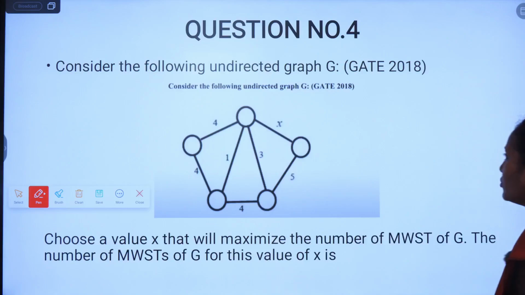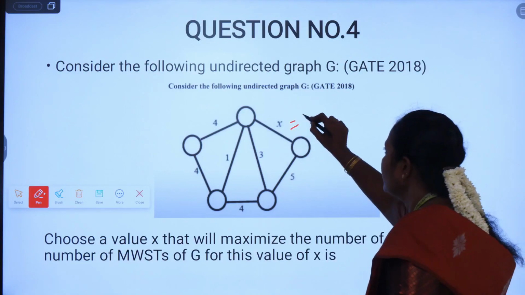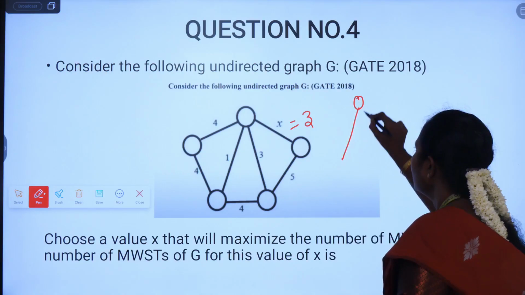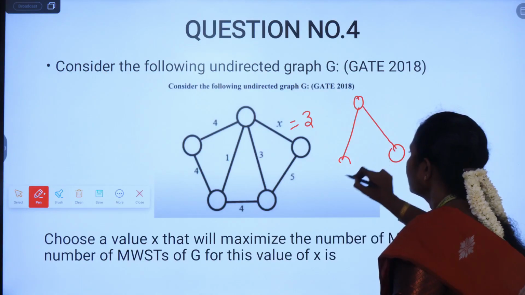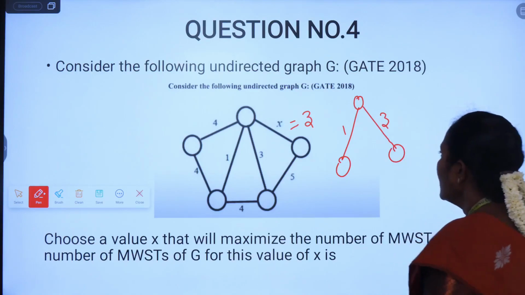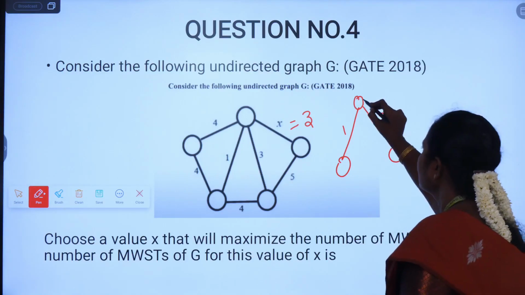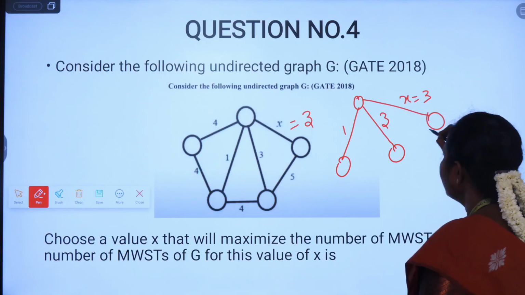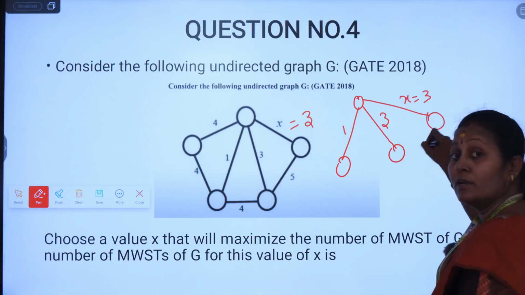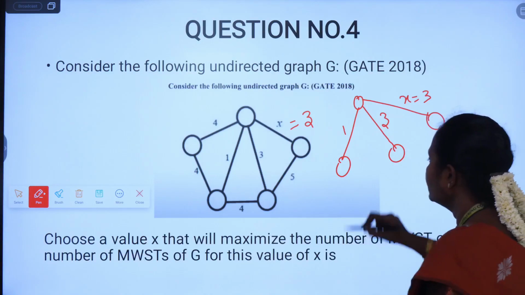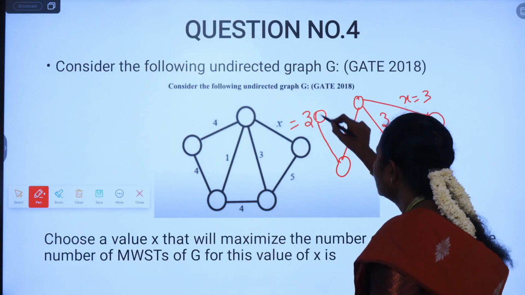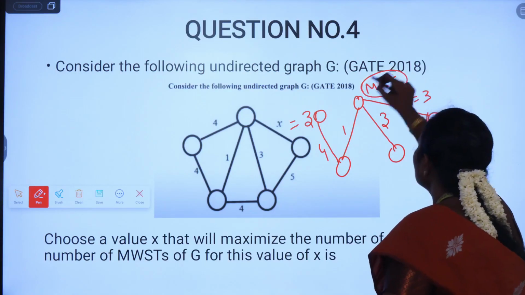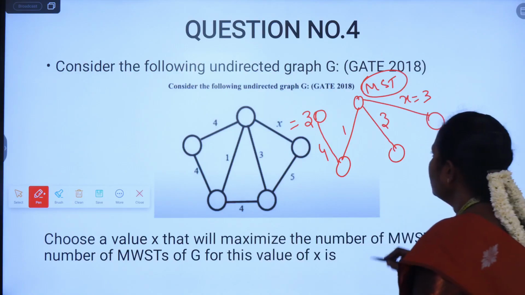Next one, if you are considering x is equal to 3, what minimum spanning trees can you have? You cannot consider this 5 because if you consider this one, it will be a closed cycle. So you cannot consider this one. So if you are considering this one, this is one minimum spanning tree. Okay, what is the other minimum spanning tree?